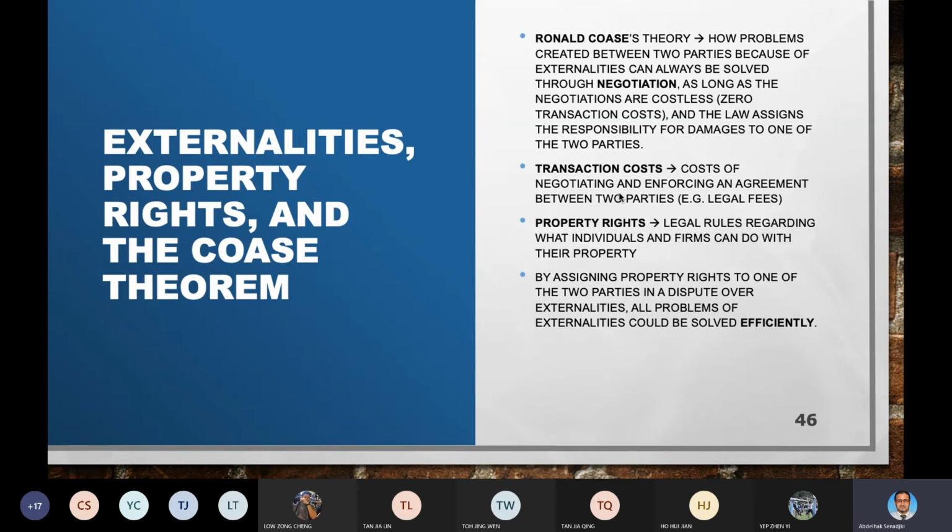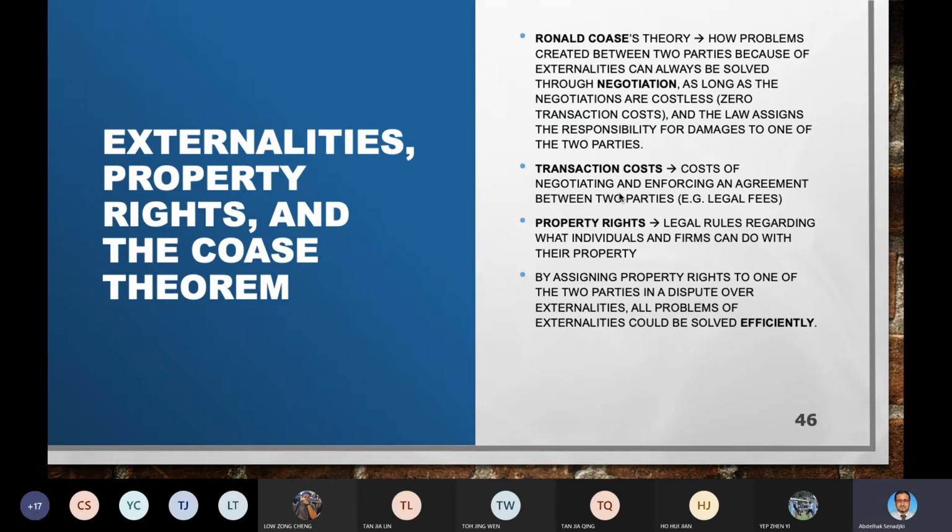So transaction cost, as I say, is the cost of negotiating and enforcing an agreement between the two parties. When we have transaction cost, that's when we come to the legal side. There is a lawyer. So do not think that when we have this problem of negative externalities in big corporate firms, it will be cheap, like 1,000 or 2,000, like we are going for a divorce case.